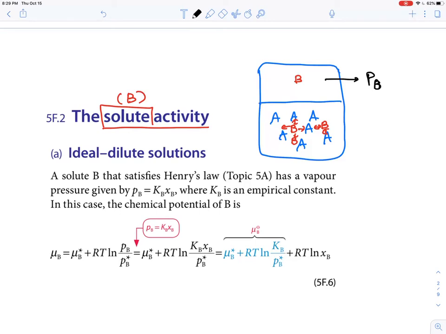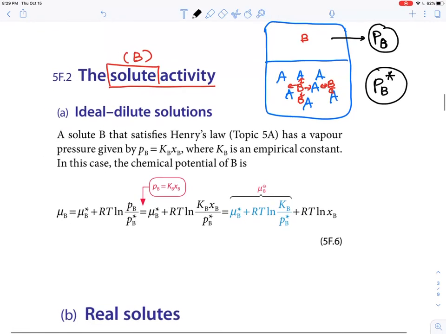That can be a measure, and then we compare that to the value in the pure state. So this is how much activity there is compared to the vapor pressure as if they were 100%. So we can define this one to be the way it is.